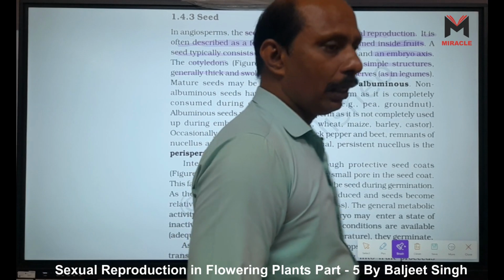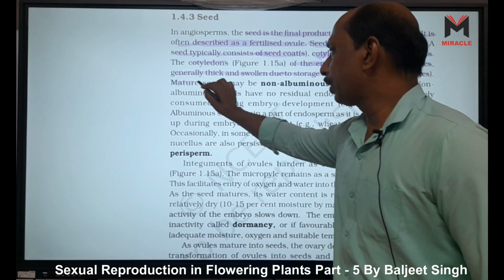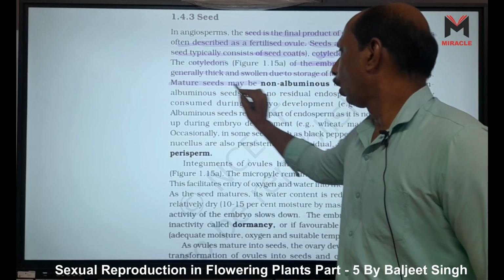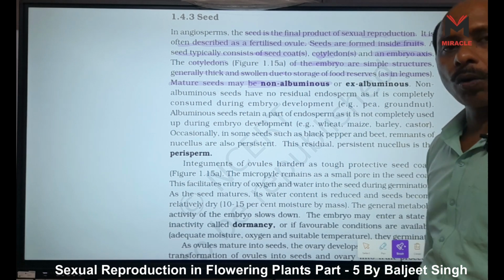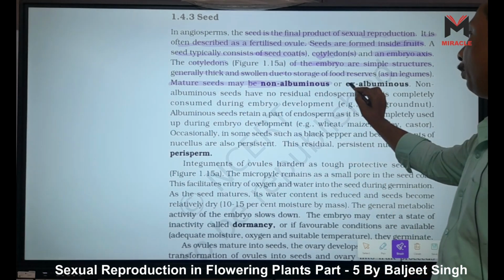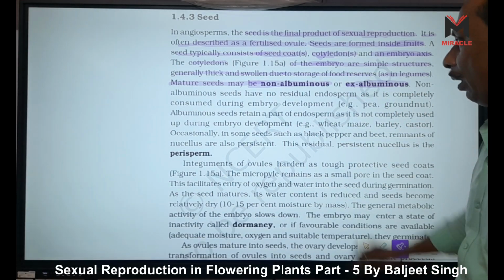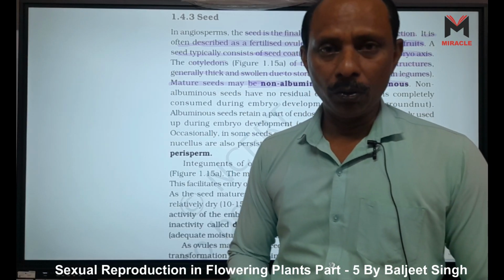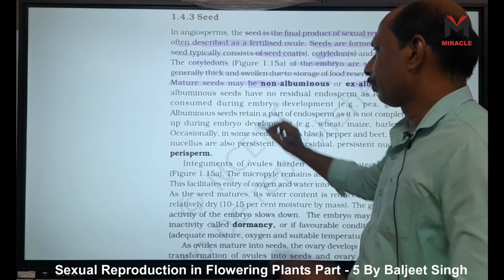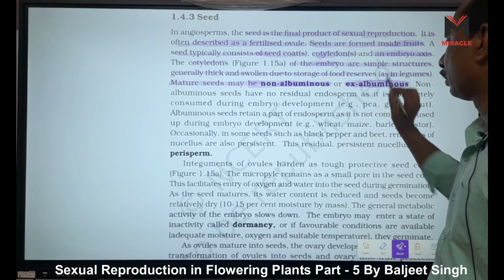As in legumes, means Leguminosae family, right? These mature seeds may be non-albuminous, meaning they have no food reserve, or it is also called ex-albuminous, because here the endosperm is already totally consumed by the developing embryo. That's why these are called non-albuminous or ex-albuminous.